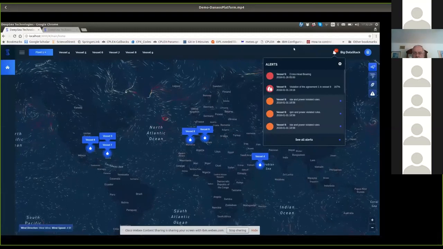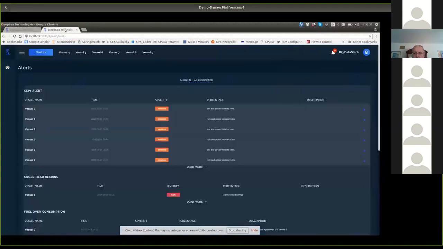So if I choose to inspect all alerts, I get to see a closer look at the generated notifications about CEP alerts. This is the first category, which is the broken sensors alert. In the middle of the screen, we have the crosshead bearing alert. So this is generated from the preventive maintenance algorithm.